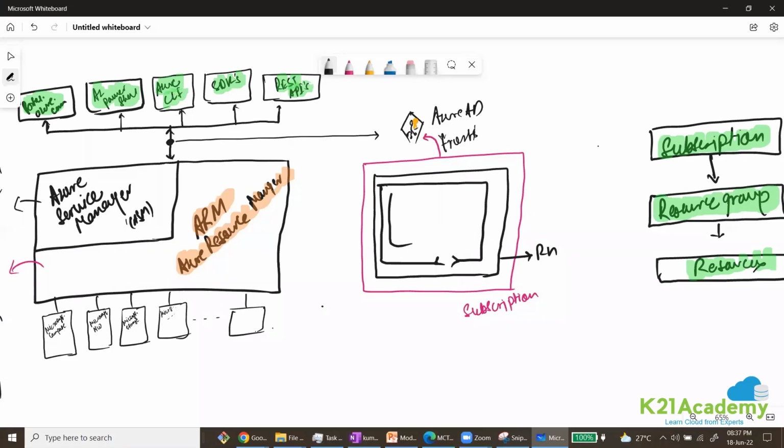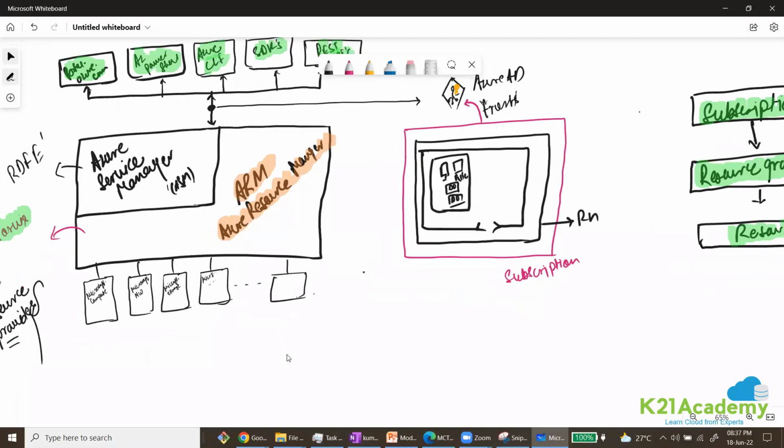Inside that, subnet will get created. Inside that, VM will get created. Inside that, data disk will get created. Inside that, your NIC card will get created. But who is providing these resources?